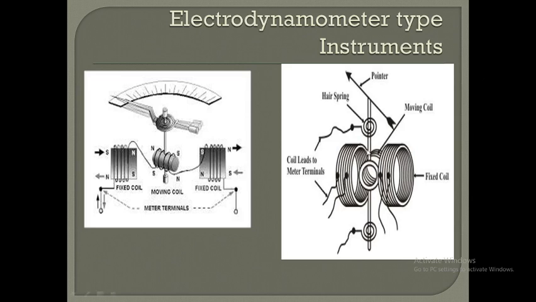It varies with the magnitude of current flowing through the fixed coil, so the operating field will also change. Hence the deflecting torque of this instrument is determined not only by the movable coil but also by the fixed coil. So the deflecting torque is proportional to the field flux, the current in the field coil, as well as the current in the movable coil.